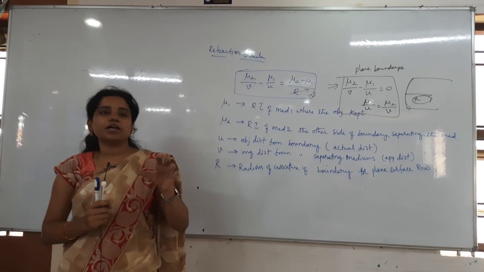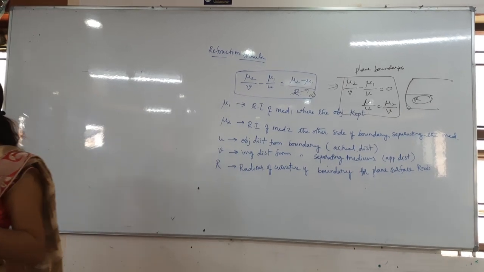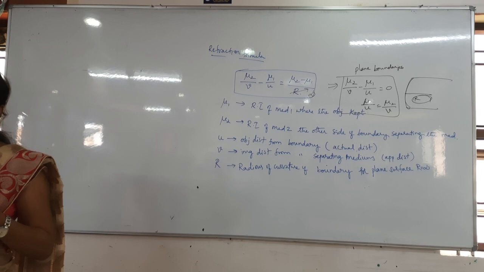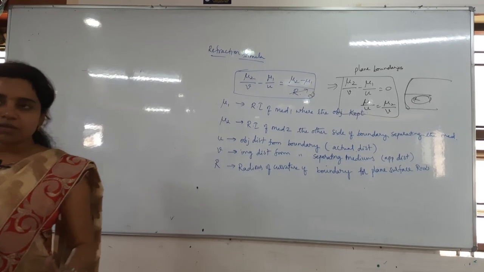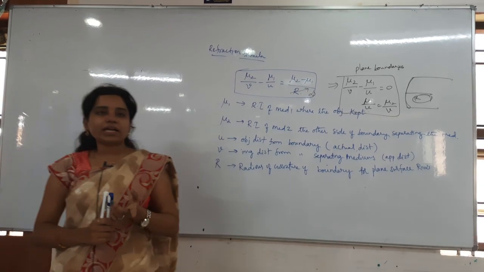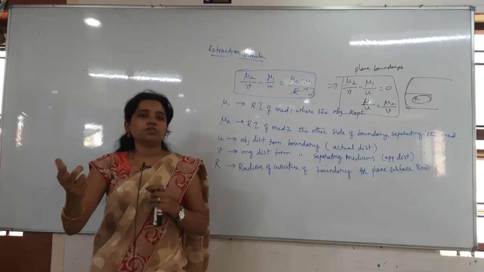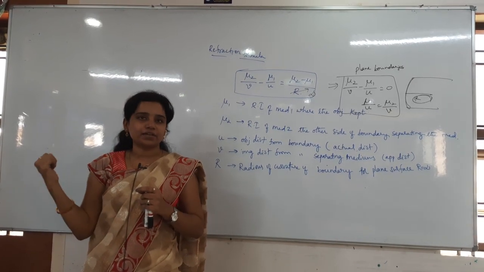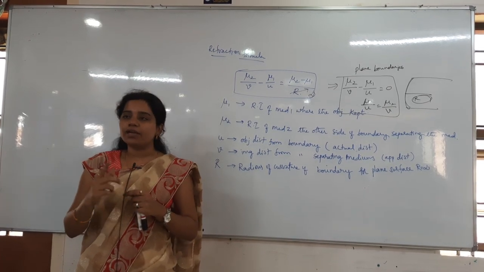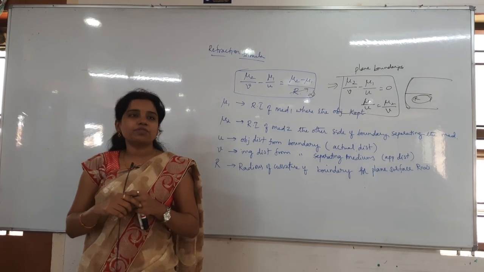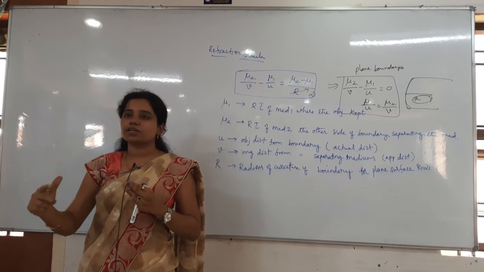After that we will see the glass slab. And after that we have one more concept, that is the lateral shift. Compulsorily, we have to get the formula by the sine of the angles, angle of incidence and angle of refraction. If they have given the thickness and the refractive index, we have to use the apparent shift formula, that is d into 1 minus 1 by mu. I will derive that. Whenever they give the angle of incidence, angle of refraction and thickness, you have to use one more formula, x equals t into sine of i minus r by cos r.